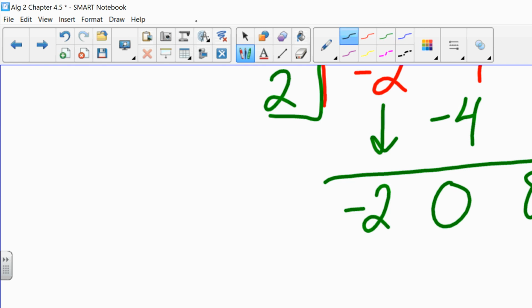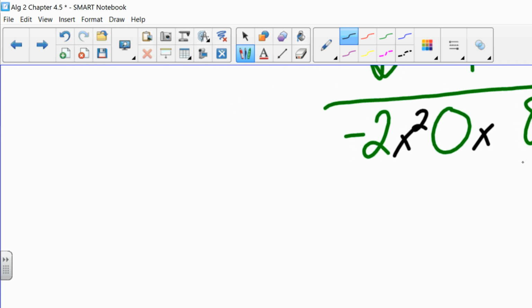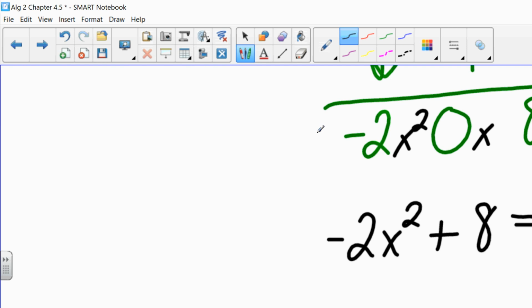We can move on to the quadratics. Okay. So 8 would be the constant term, 0 would be the term with x, and negative 2 would be the term with x squared, yes? So what do we actually have? Negative 2x squared plus 8 is equal to 0, yes?